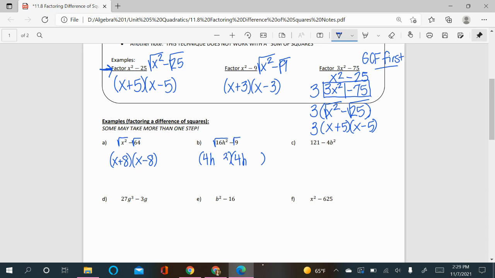The square root of 9 is 3 and 3, with a plus and a minus. Then here, 121 and 4 are also perfect squares. The square root of 121 is 11. The square root of 4 is 2. That b squared needs to be split into b and b, plus and minus.